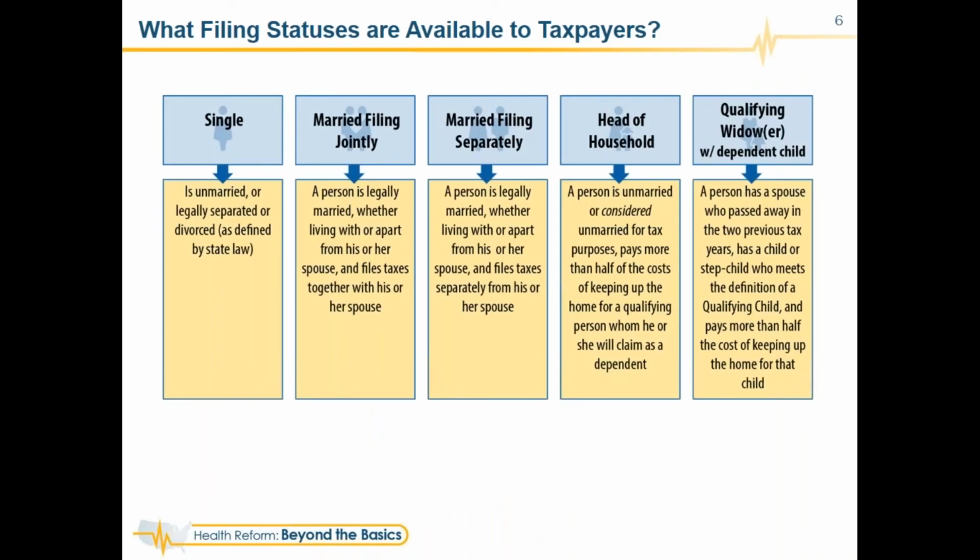Tax filing status is one of the things that we need to consider, because there's this pesky little question in there that says, is the taxpayer married? Well, there's a lot that goes into that question, and that relies on tax definition. So here are all of your options on a tax return. You can be single. If you're single, that means you are not married.